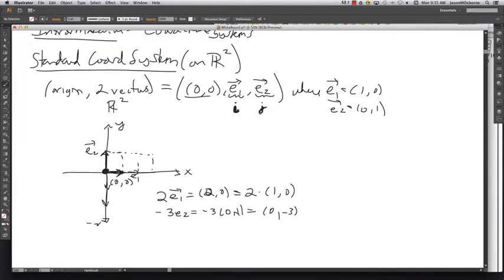Right here is minus 3E2. So you can see that if we continue out this grid system, the standard coordinate system defines a rectangular grid system.